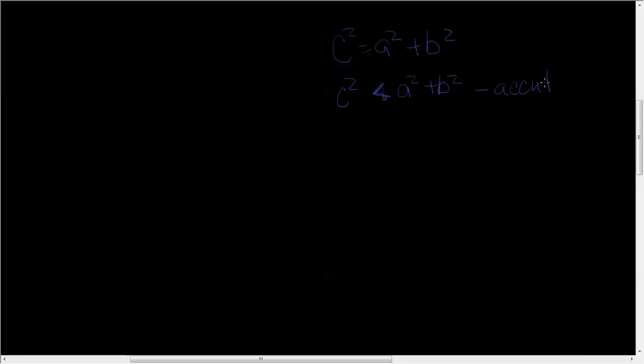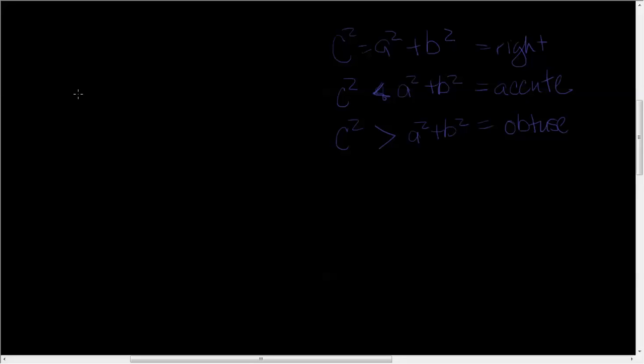Obviously, it's not right because they would be equal if it was a right triangle, so it's acute. If c squared ends up being bigger than a squared plus b squared, then we have an obtuse triangle. So let's try a couple out.